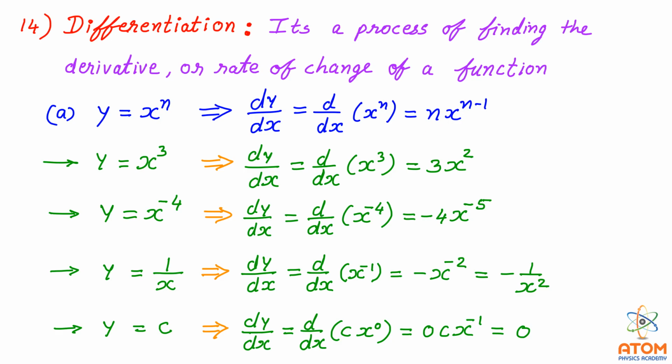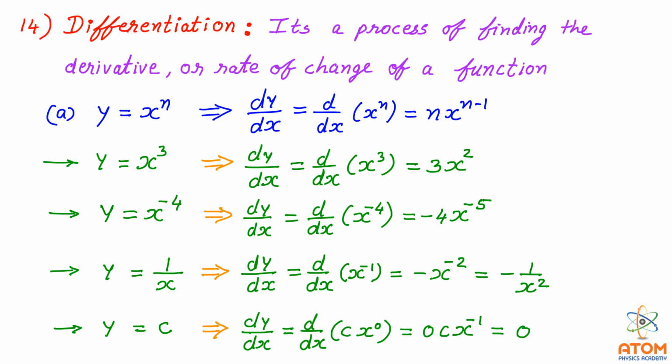This is already proved. We have to just accept it, that in such a case the answer is n x raised to n minus 1. In short, you can remember it like this: here this is power n. So power into multiplication, then power minus 1. This answer is known as derivative of x raised to n with respect to x.